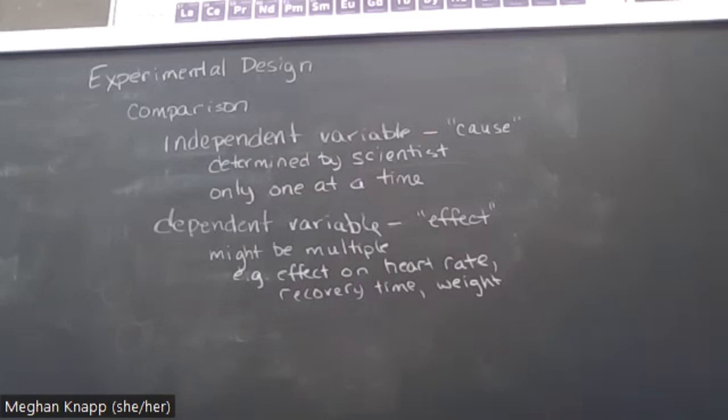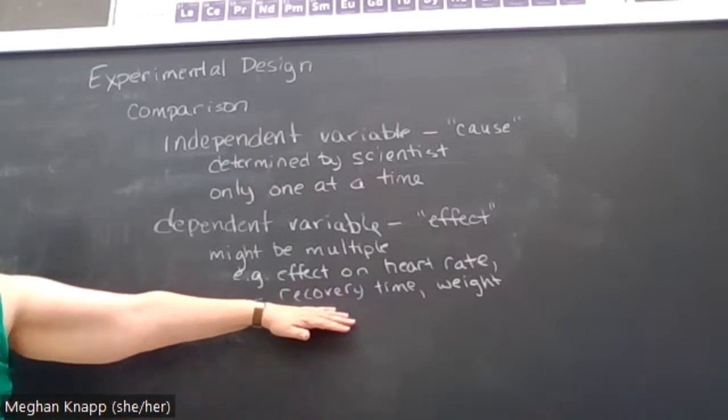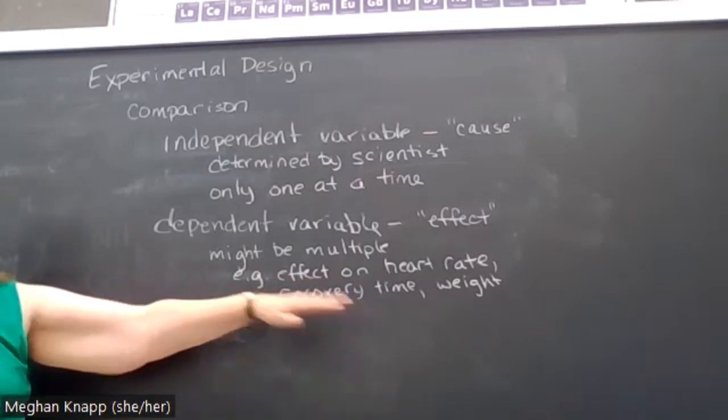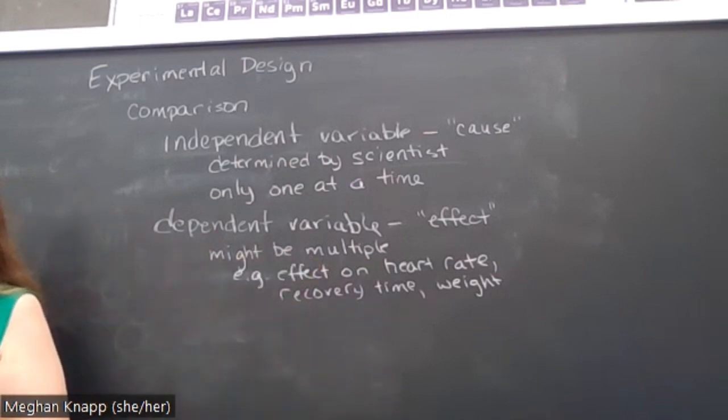If I find out that all of the people who do this have really good benefits, they have lower heart rates and better recovery time, what do I know? Do I know that my medicine caused it? If I gave them both the medicine and iron supplements? No, because maybe just the iron supplements helped, right? So I've got to be careful about only doing one of those things at a time.